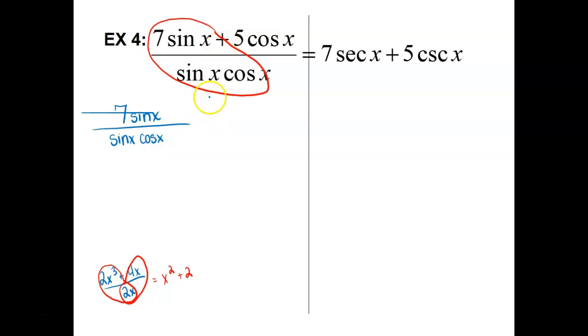And then we've got a plus sign here, so we have a plus in between. And then we would divide 5 cosine x by sine x cosine x. So 5 cosine x over sine x cosine x.